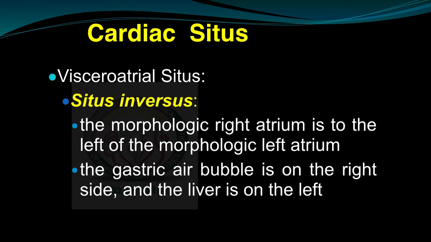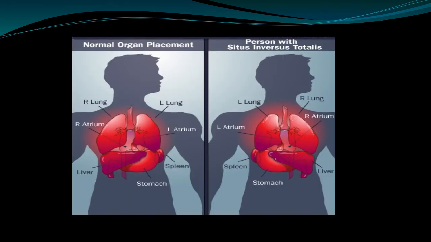You have the normal organ placement wherein the right atrium in the thoracic cavity is in the same position as your organ on the right side of the abdominal cavity, which is the liver, while the left atrium is in the same position as your stomach, wherein you will see the gastric bubble, okay, on the left side of the abdominal cavity.